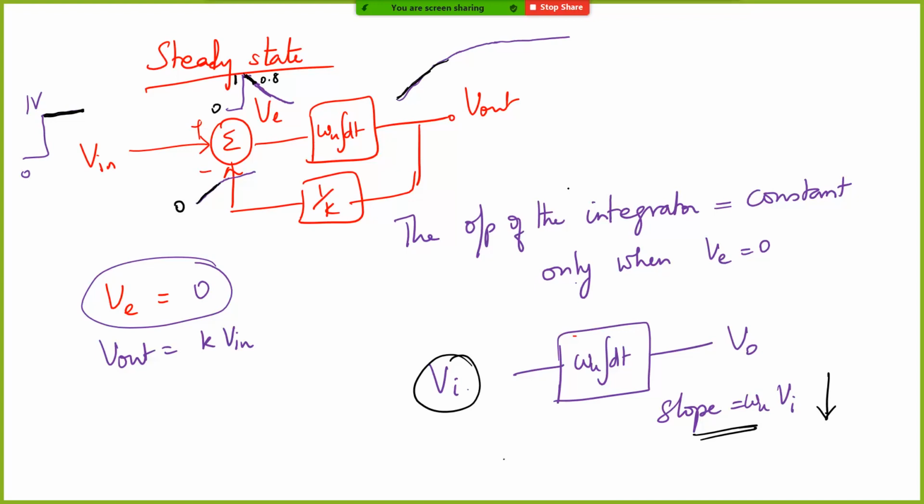If you add the error to the V in, let's say you have a step function, this is V in. Now your error is 1, so your VE also goes up as a step. This tail will not be there. Now if you add the two, it will become 2 volt. Now you will have again a negative error.